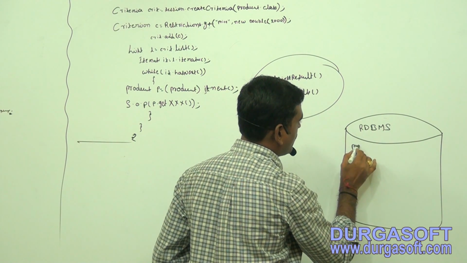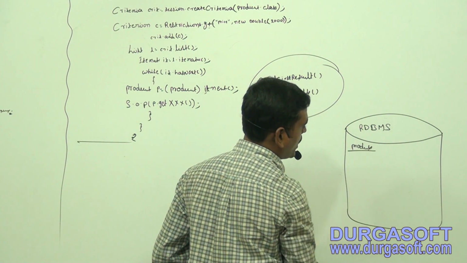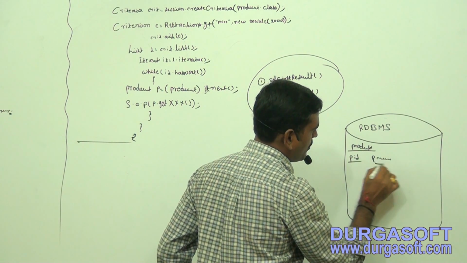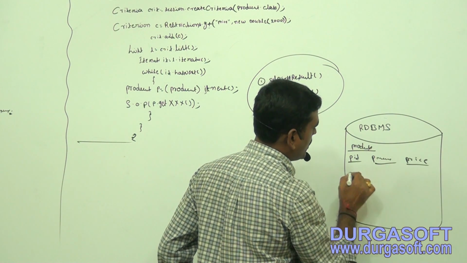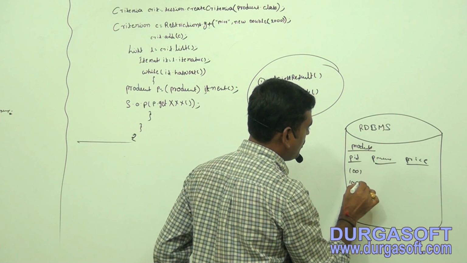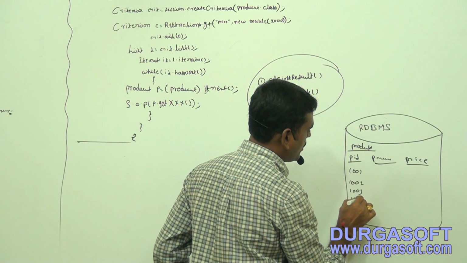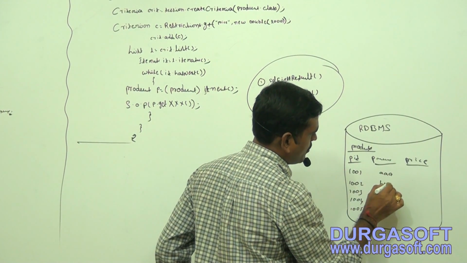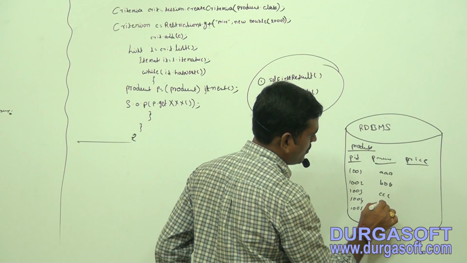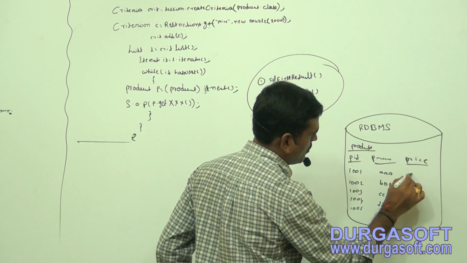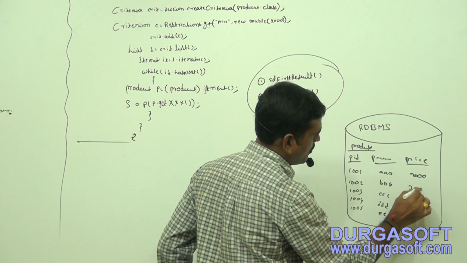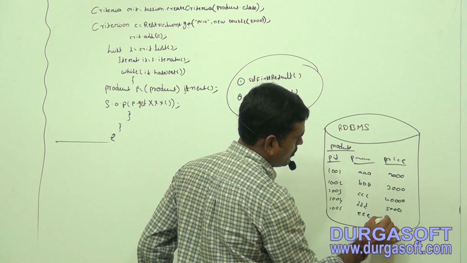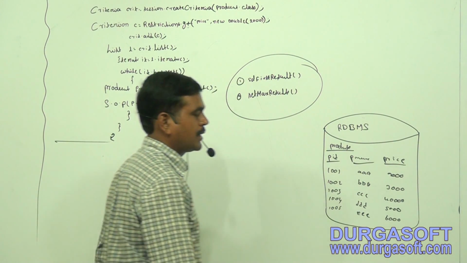So now, products: PID, PName, and the next, price. 1001, 1002, 1003, 1004, 1005, six like this.